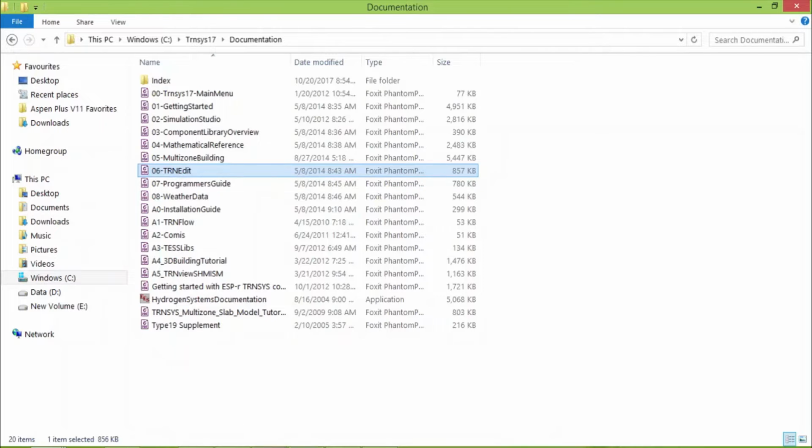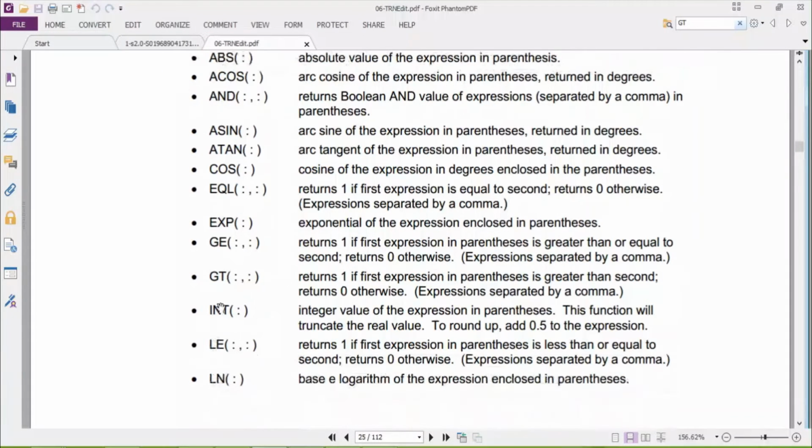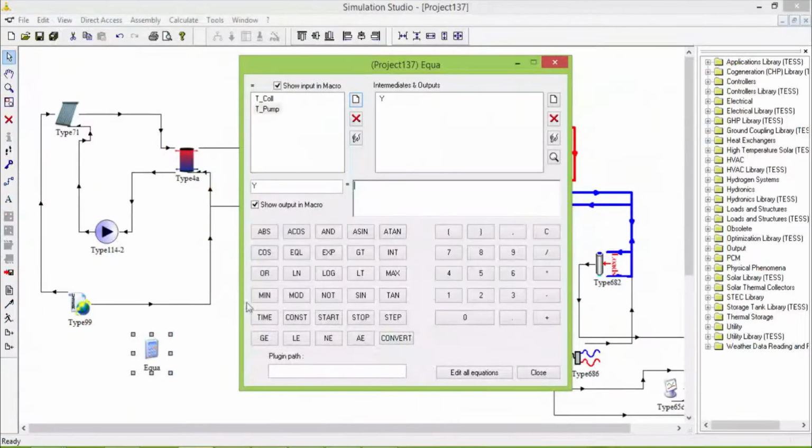You go to TRNEdit, you will see there is a function gt, so it will return 1 if the first expression in parentheses is greater than the second, return 0 otherwise. So we will use this one.